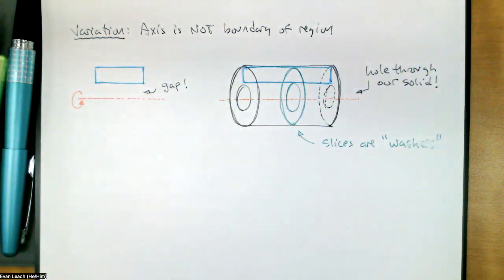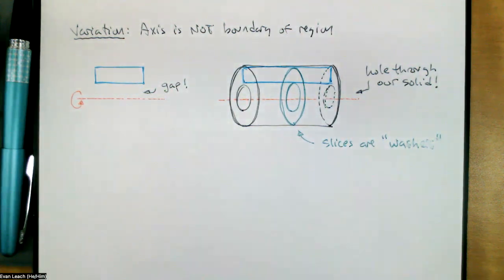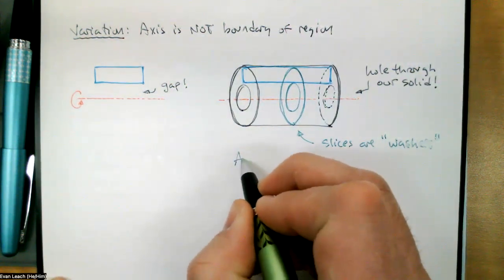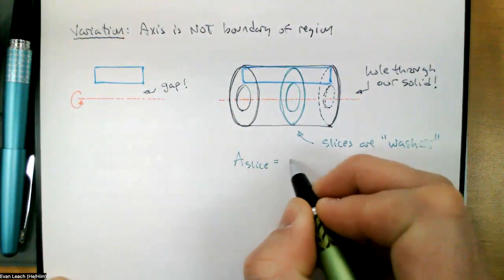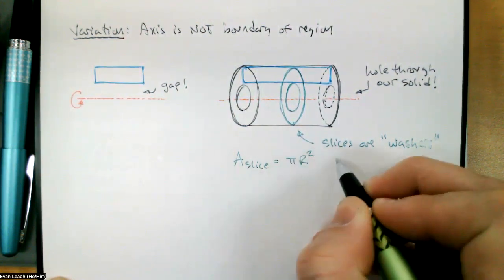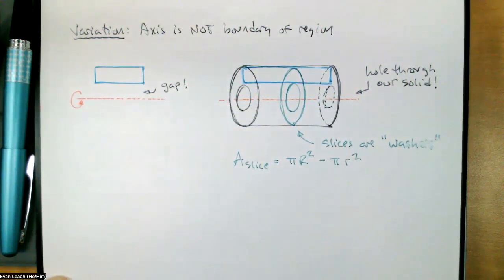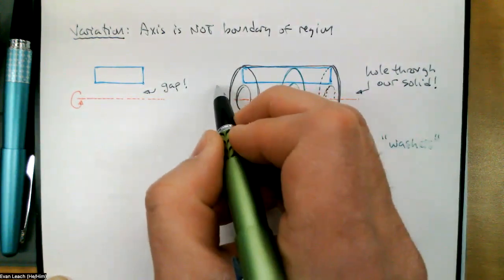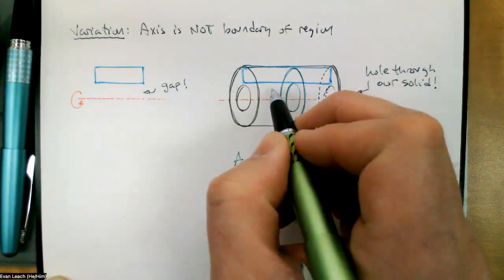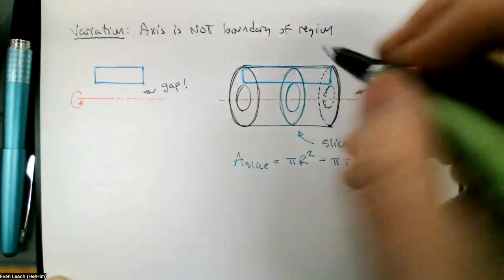So the cross-sectional area is not pi r squared. There's two radii that we have to consider. The outside radius, that's the whole circle, and then the inside radius. That's the part that we're subtracting. So the area of the slice is pi times the outer radius squared minus pi times the inner radius squared. So we have two radii, an outer radius and an inner radius.